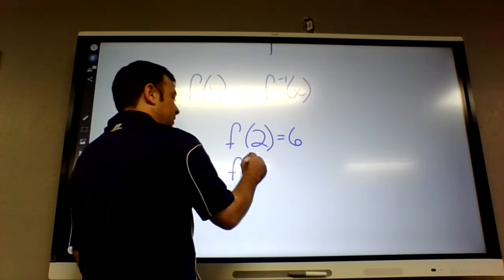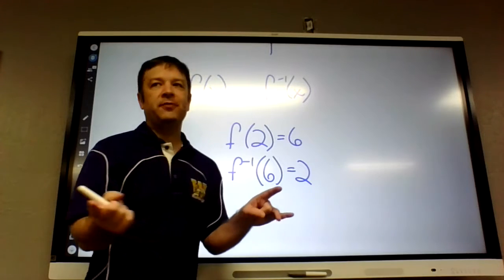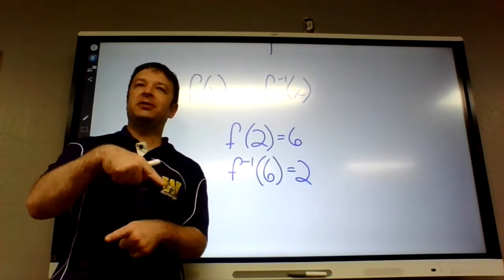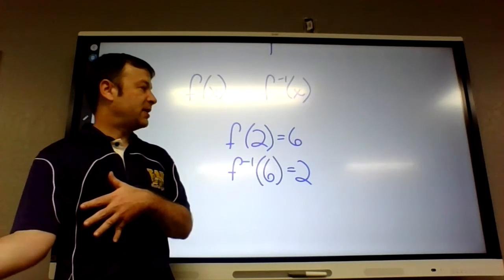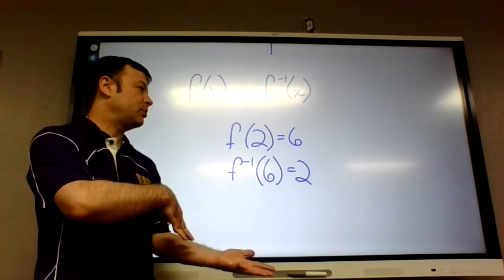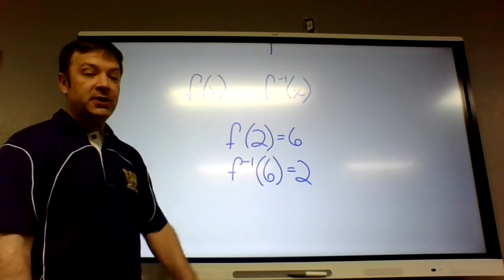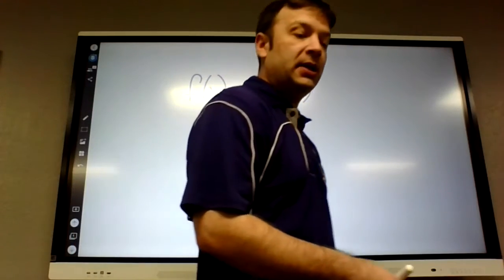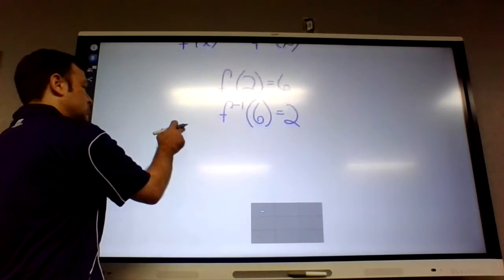That means f inverse of 6 would equal 2. You guys remember when we flipped over the line y equals x, I said you just switch the x and y values. Like if this one has the point (2, -3), the inverse has the point (-3, 2). So that's basically what's going on here. So on number 1a, f inverse of 6 is 2.